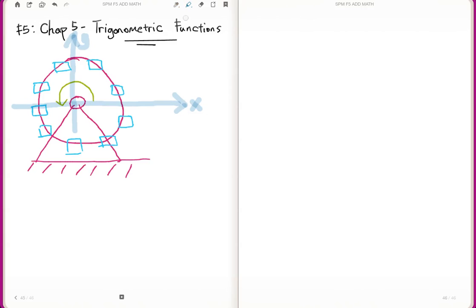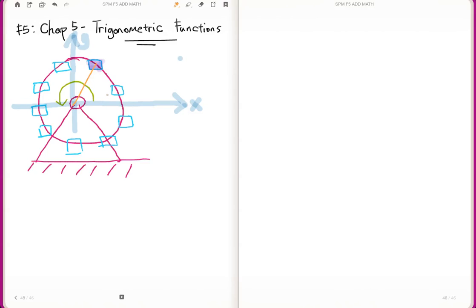Say for a selected cabin, maybe this cabin, if I want to find the angle, we draw a line to the origin.